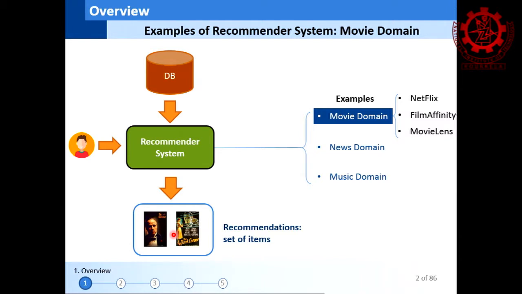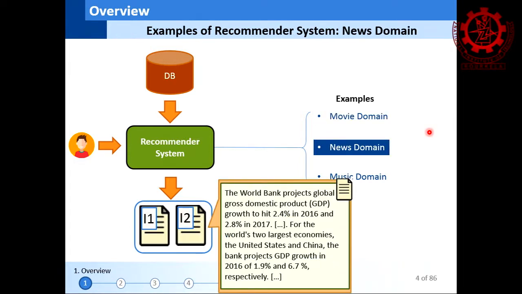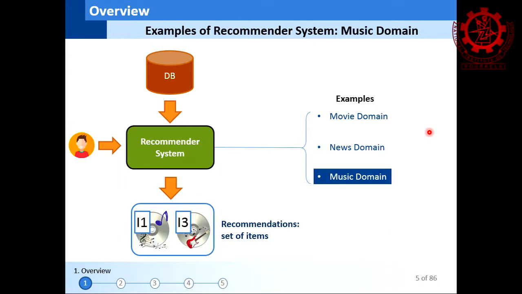Another one, which is very much used by researchers, is MovieLens; you can search for MovieLens in Google and you can find it. In the news domain we want to recommend news to users, and in the music domain we want to provide recommendations about songs. These are the three kinds of examples of recommender systems.